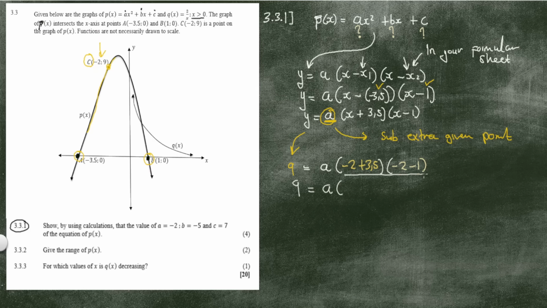In bracket, you can just punch this on your calculator: minus 2 plus 3.5, close bracket, minus 2 minus 1, close bracket. We now have 16.5. Divide both sides by 16.5. 16.5 cancel. We now have 9 over 16.5, that is 6 over 11, equal to a.